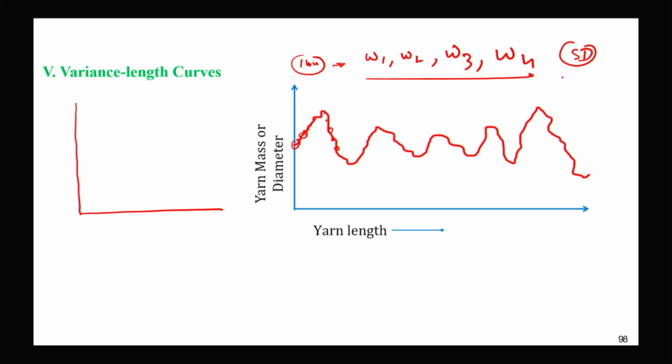Then from there we calculate the mean, then the CV percent, and then the relative variance or variance.